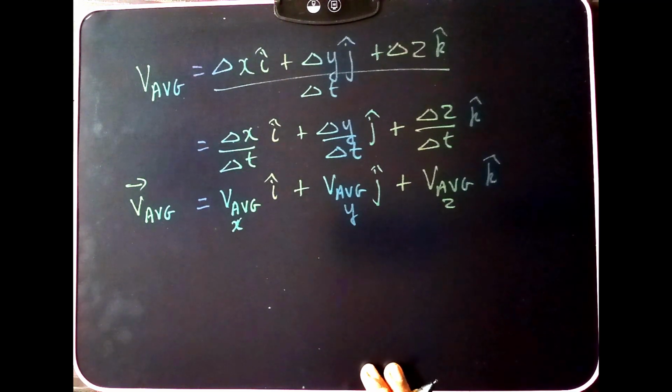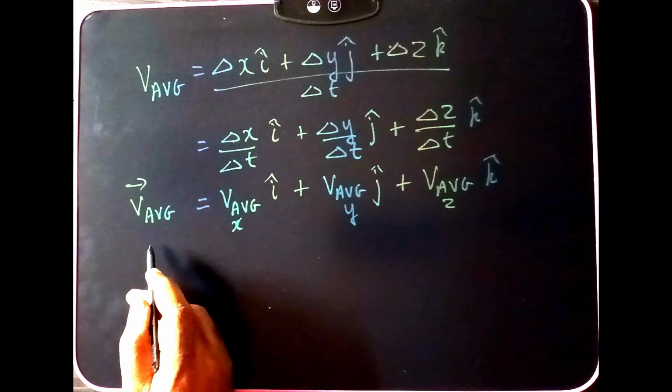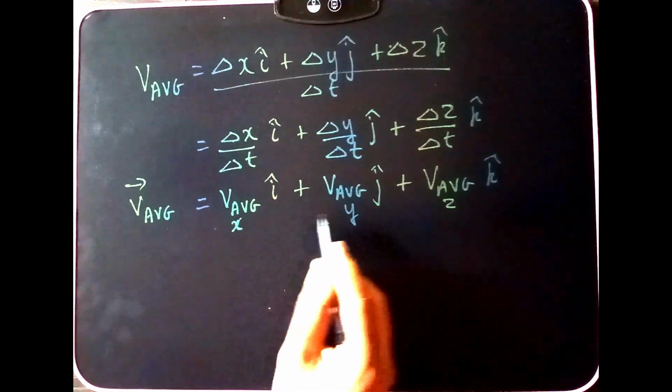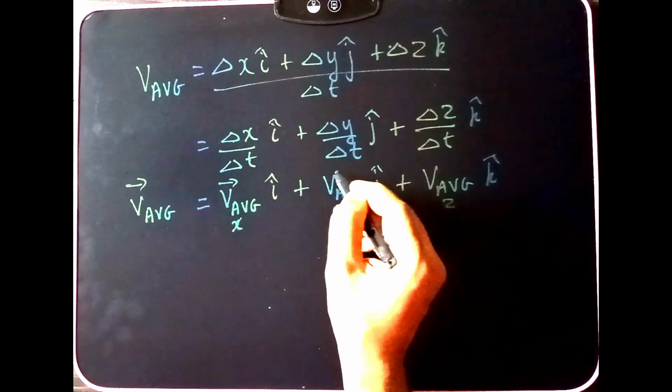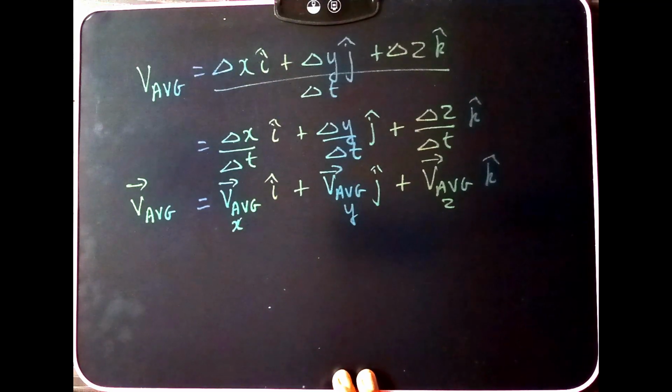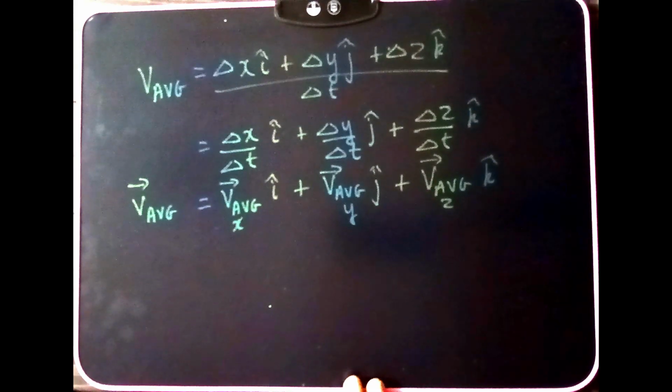Hope I'm clear. Average velocity is a vector sum on each of the axes. I hope till here it is clear enough.